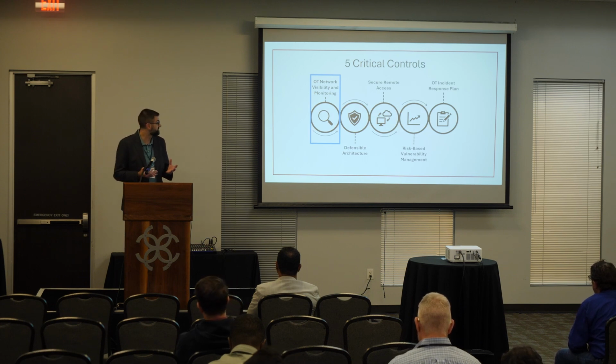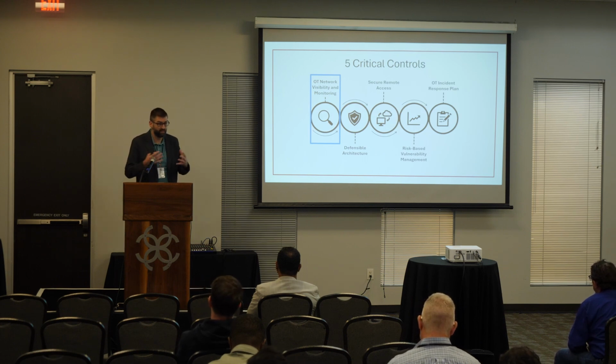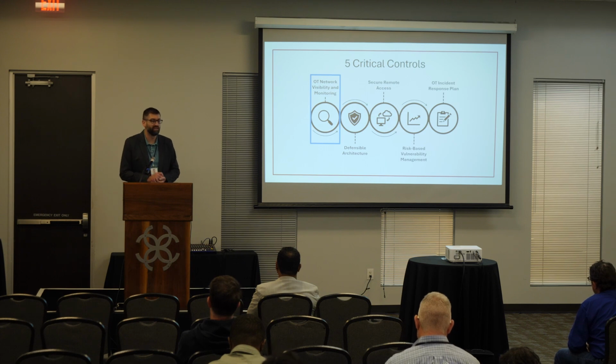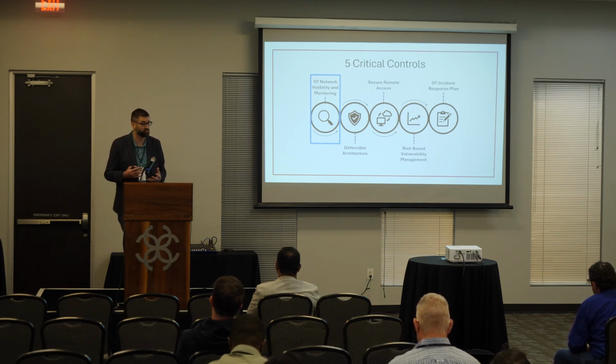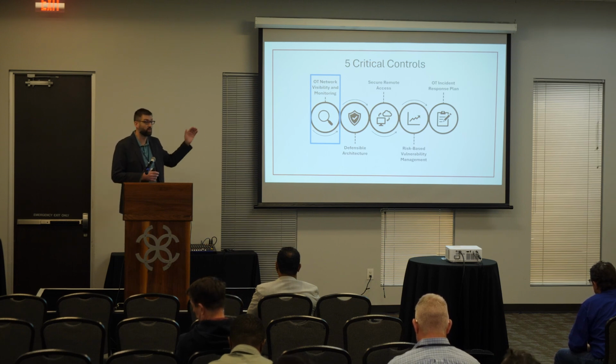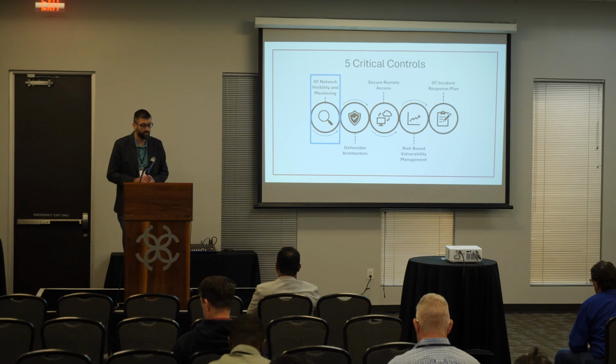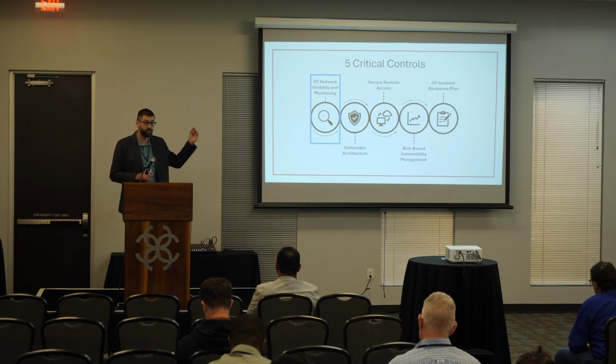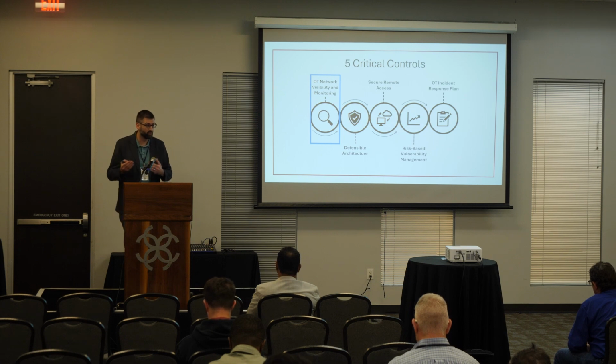So that's why it becomes so important, and that's why I say OT asset visibility and network monitoring are really the foundation that builds your cyber posture, that builds your program. We have to have that in place so that we can ensure we have a defensible architecture, so that we can look at the remote access if it's allowed, monitor that connection, and see what's going on internally.